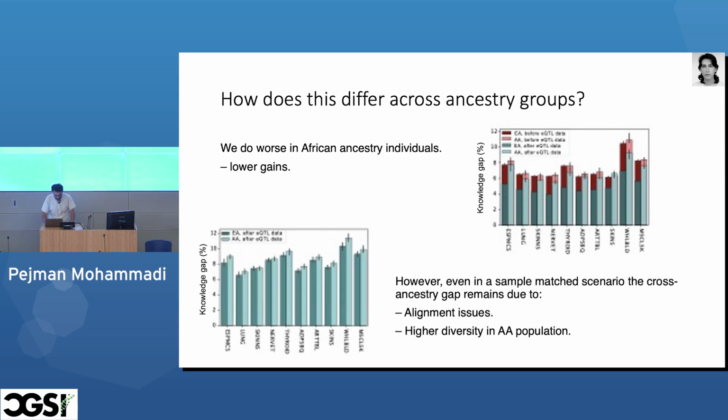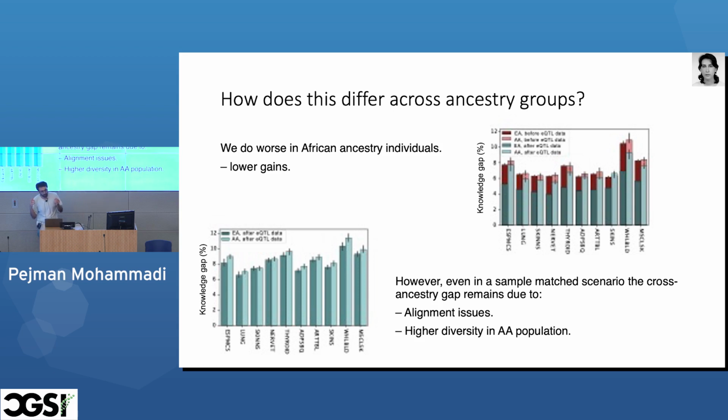And so that's understood. The thing that I found interesting was the fact that even if you redo GTEx, so we downsampled and unified the sample sizes for both ancestry groups, you still underperform in the African population. And we could not fully pin down why.